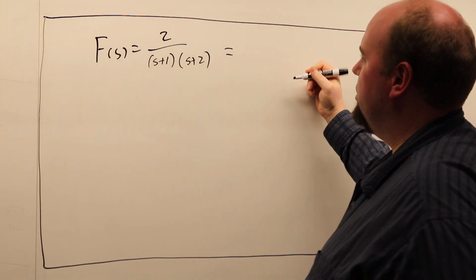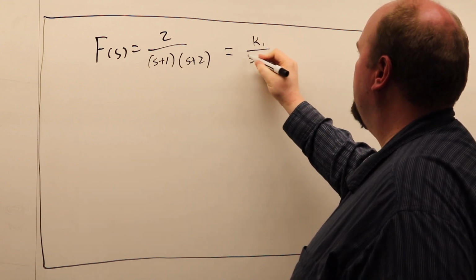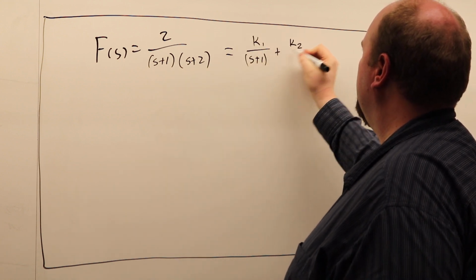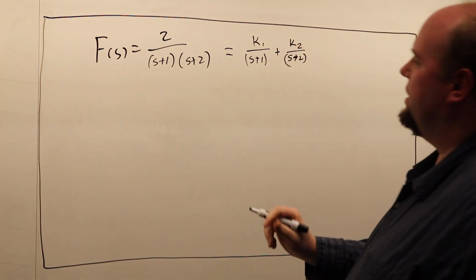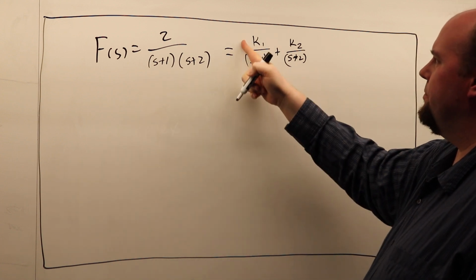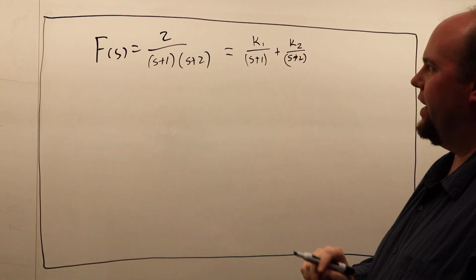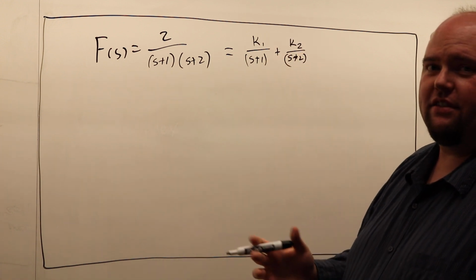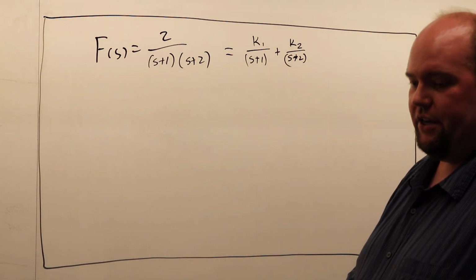So the form of the solution is going to be k1 over s plus 1 plus k2 over s plus 2. So we're assuming essentially that this term can be represented as some fraction residue k1 over s plus 1 plus k2 over s plus 2. After we make this assumption, the next thing we have to do is solve for these coefficients k1 and k2.